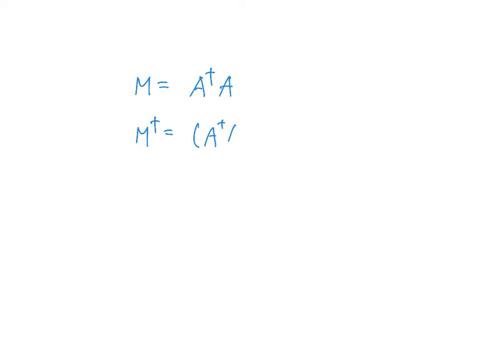A dagger A dagger is A dagger A dagger dagger. So this matrix is Hermitian, right? Even if A is not Hermitian, M is always Hermitian.